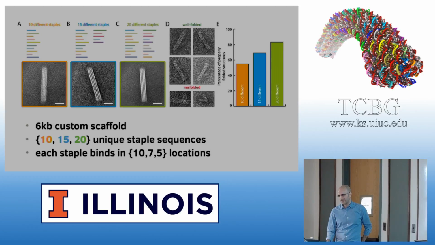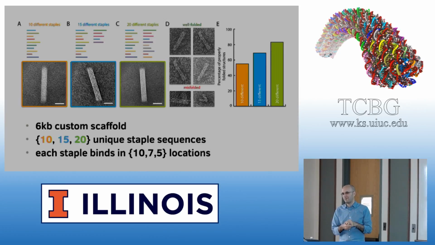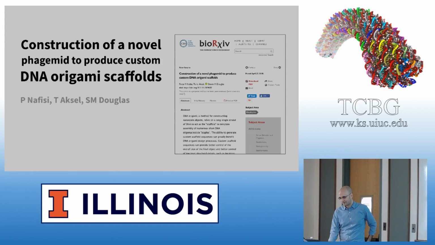But the reason I bring up this project is that we found that we were making a lot of custom scaffolds, and it was time consuming and kind of difficult to make. So this zigzag trajectory and working up the ladder was just something we wanted to try, but it helped us focus on what we wanted to do next, which was build a method for making any custom scaffold.